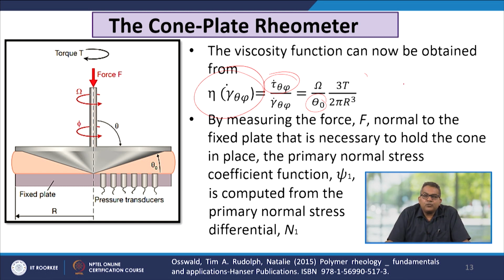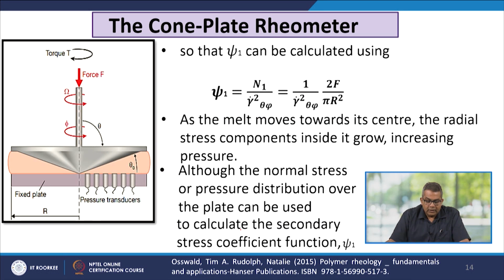Now, by measuring the force F normal to the fixed plate that is necessary to hold the cone in place, the primary normal stress coefficient function psi 1 is computed from the primary normal stress difference N1. So, psi 1 can be calculated using this formula: psi 1 is equal to N1 over gamma dot square, which is equal to 1 over gamma dot square times 2F over pi R square.